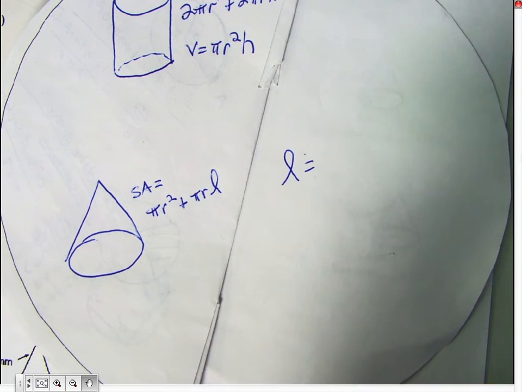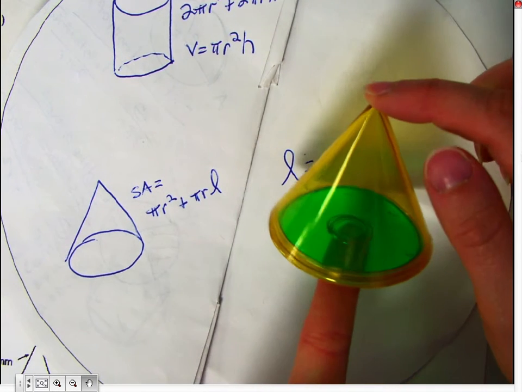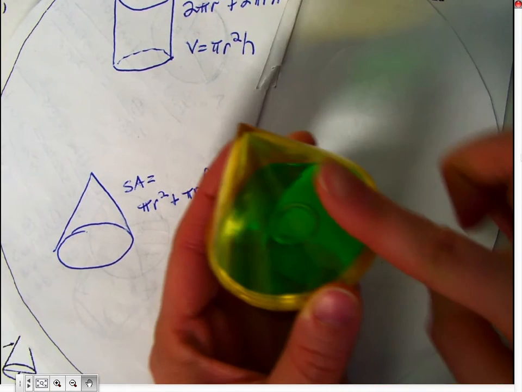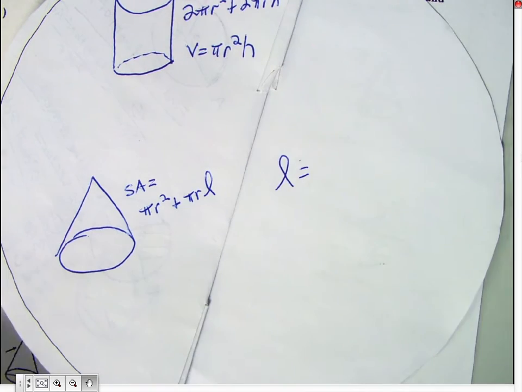So from the bottom to the point, from the center to the bottom to the point, or from along the edge? That's what we're talking about when we're talking about slant height. And you're going to have to go back and forth with these about what slant height is and so on.